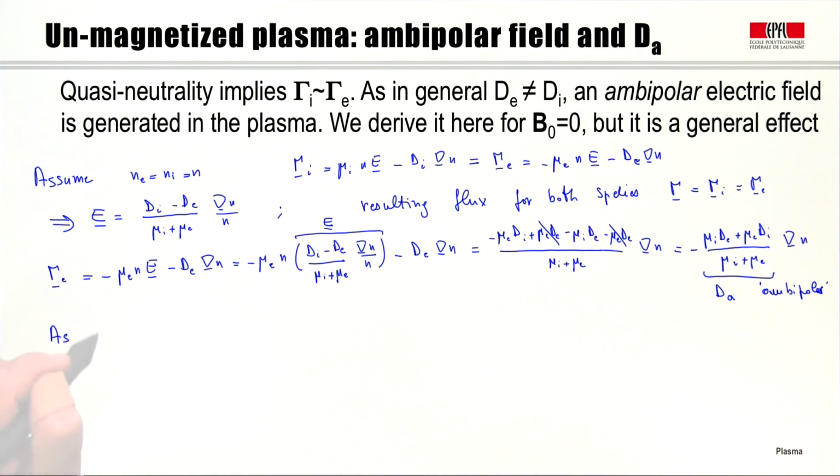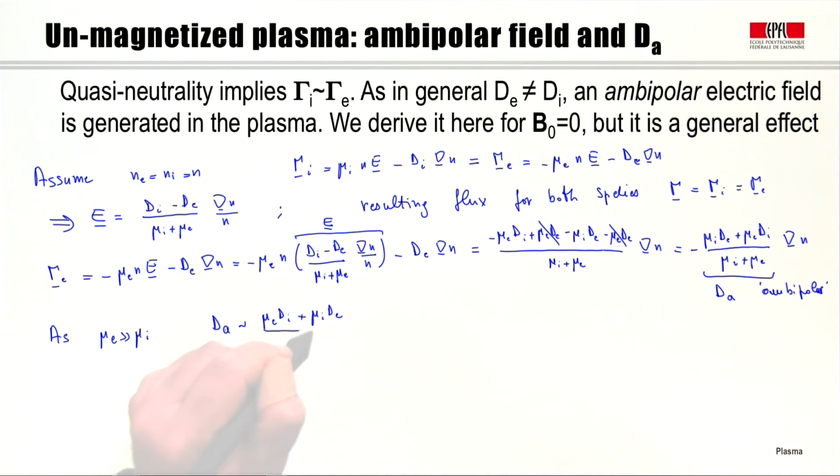Generally, we can notice that the mobility of the electrons is much larger than that of the ions. So we can simplify the expression for the ambipolar diffusion coefficient and get a feeling for its dependencies. So it's mu_i D_i plus mu_i D_e, and then in the denominator, I neglect the ion mobility.